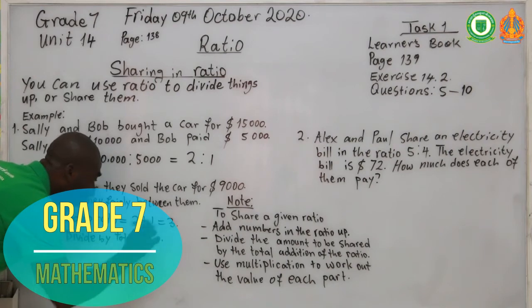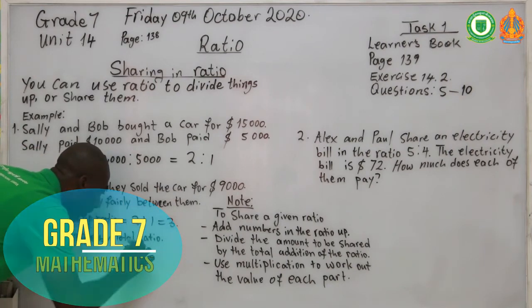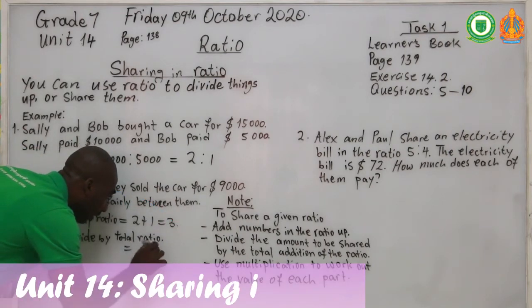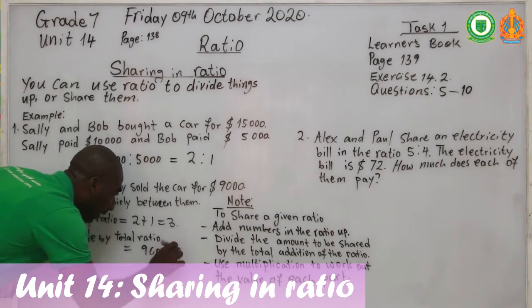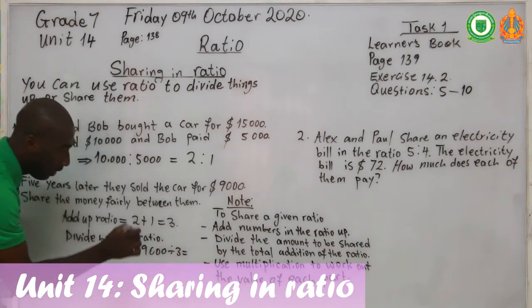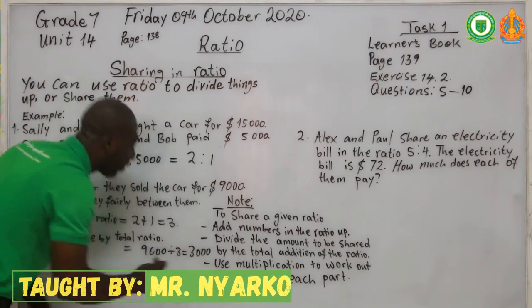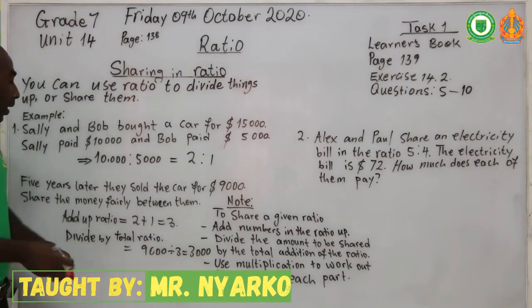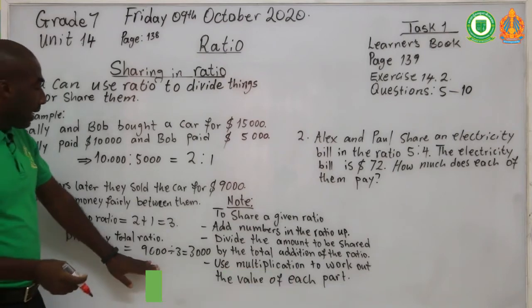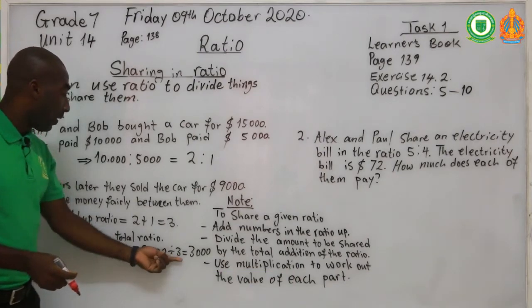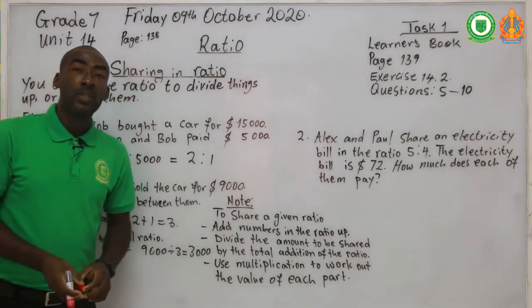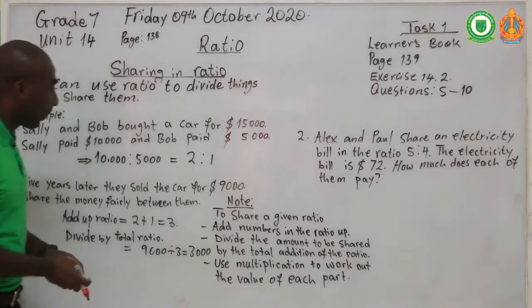And that will be equal to 9,000 divided by 3, and that is going to give us 3,000, okay? So when you divide your $9,000 by 3, it's going to give us 3,000.